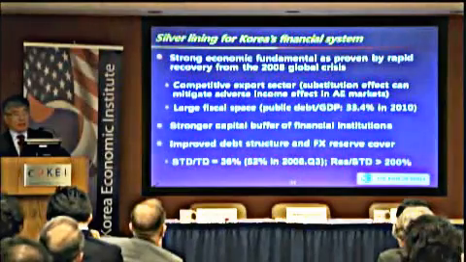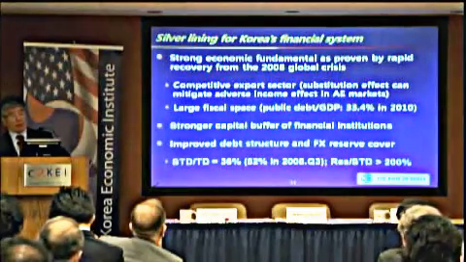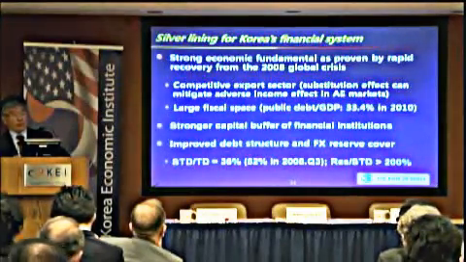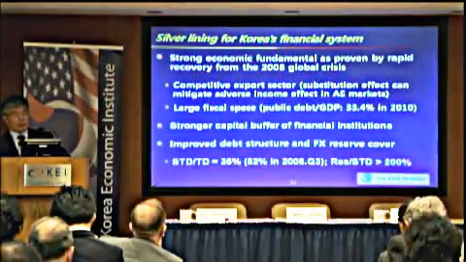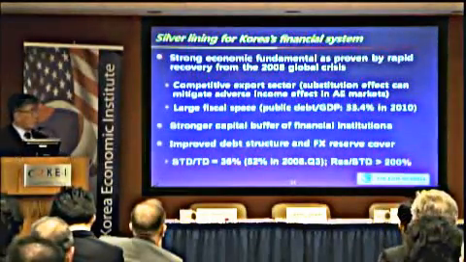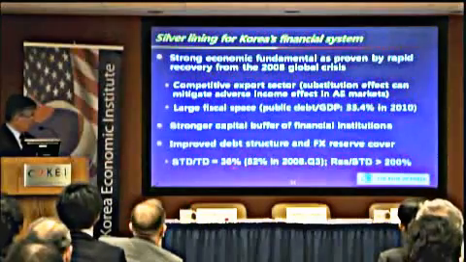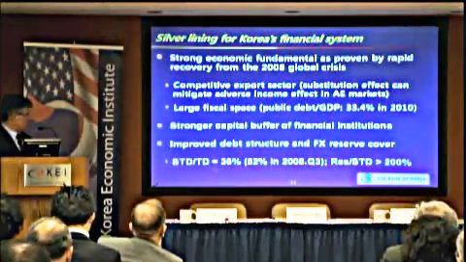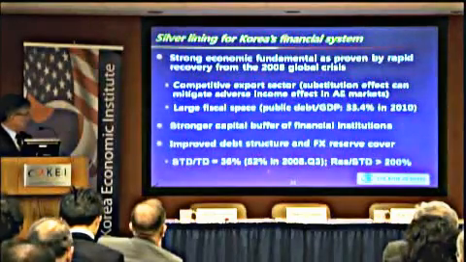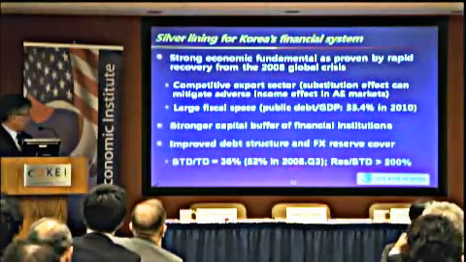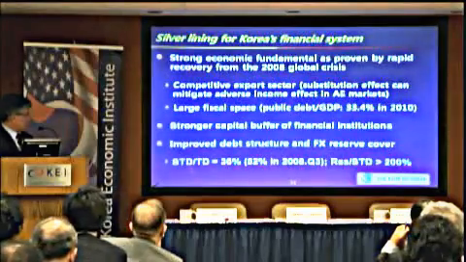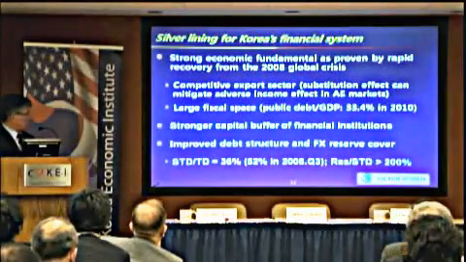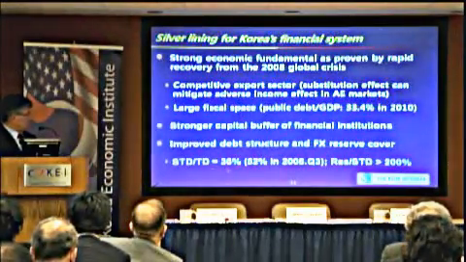And then what is the silver lining for the Korean financial system? I will also explain this by using others. But here is one of the statistics some of you may like to know. Unlike the case of 2008, the short-term debt out of total debt has reduced.